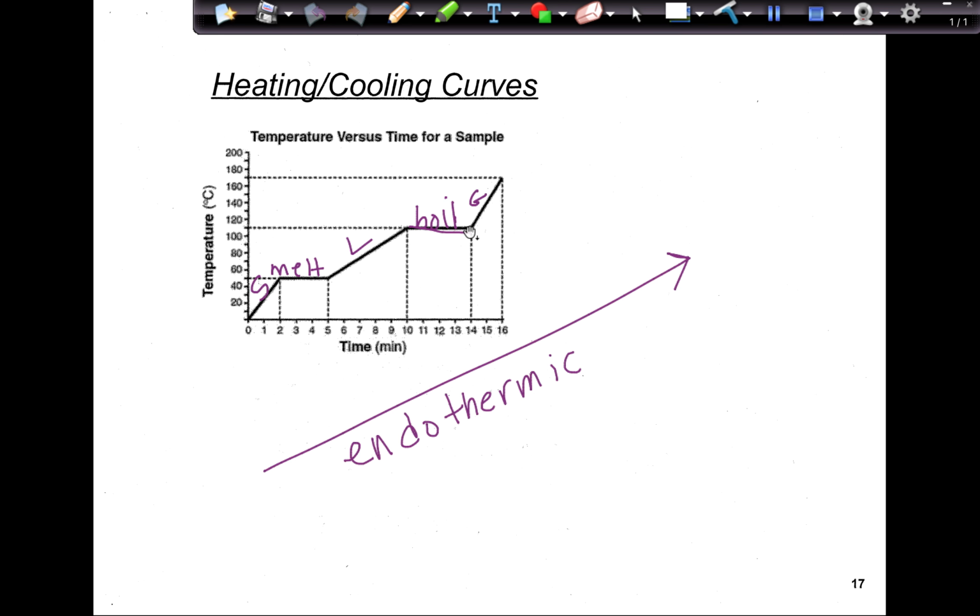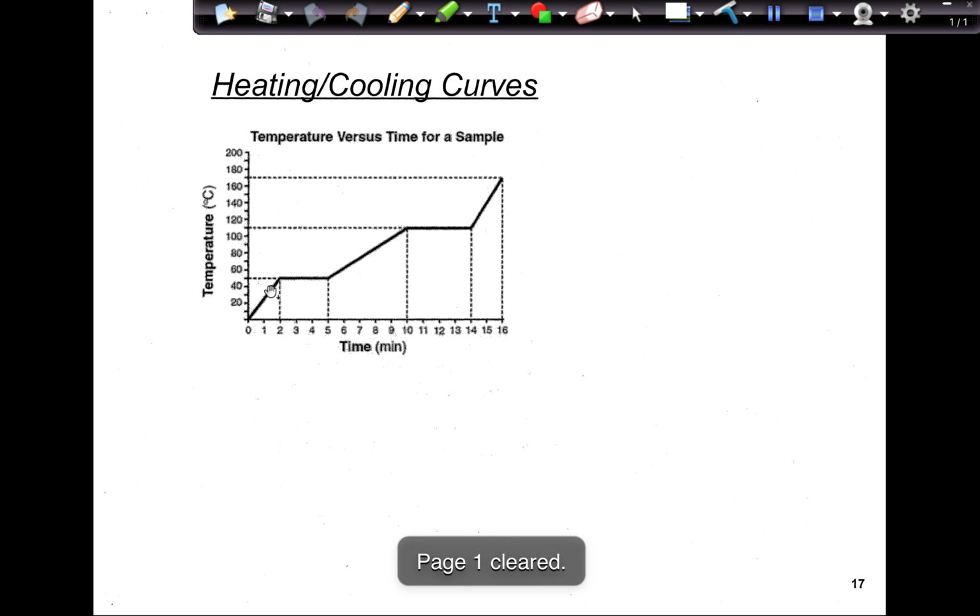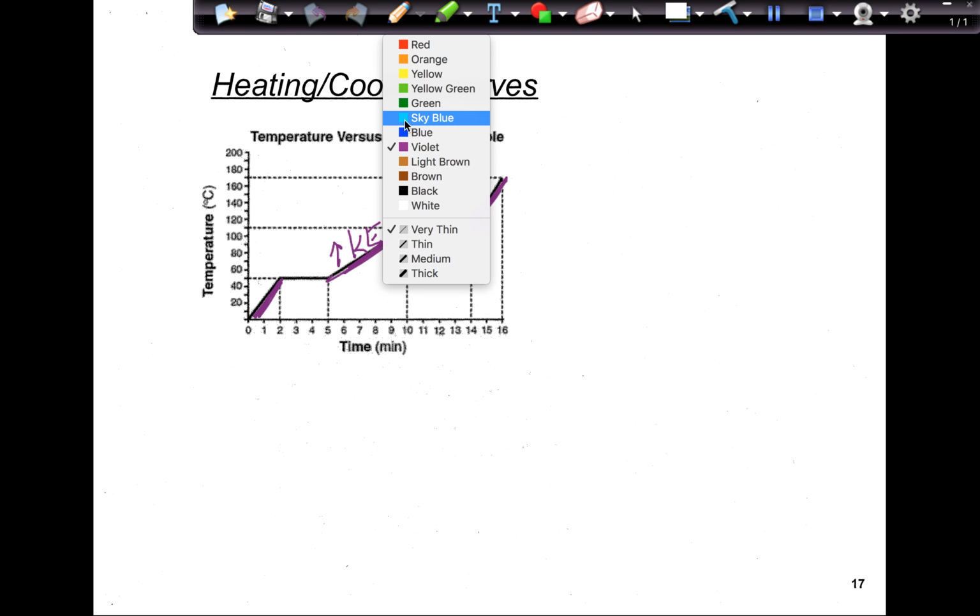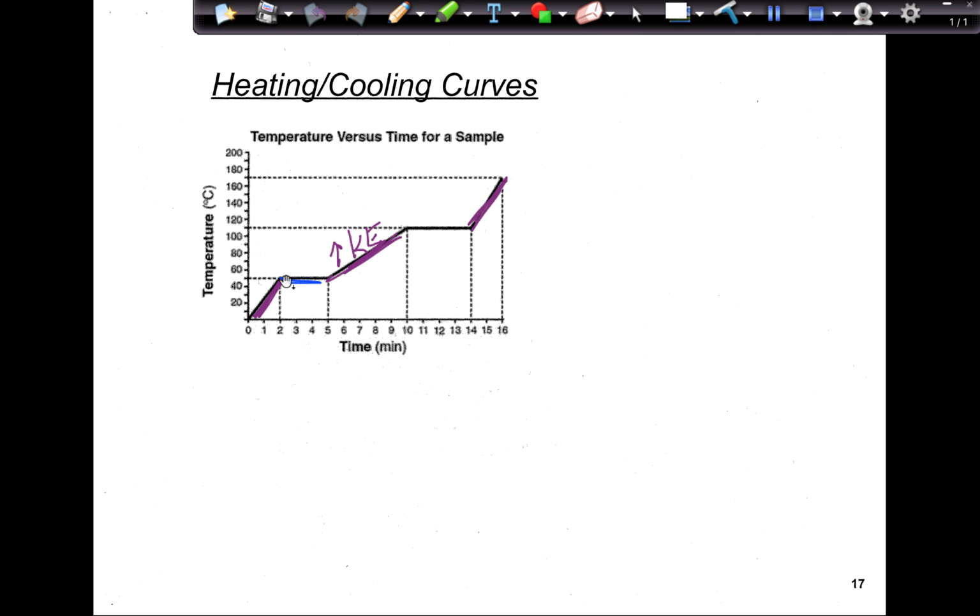The boiling line is longer because it requires more energy to boil than to melt. Anytime the temperature is changing, so that would be here, here, and here, we have an increase in kinetic energy.